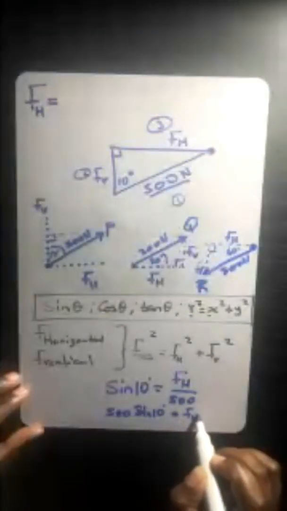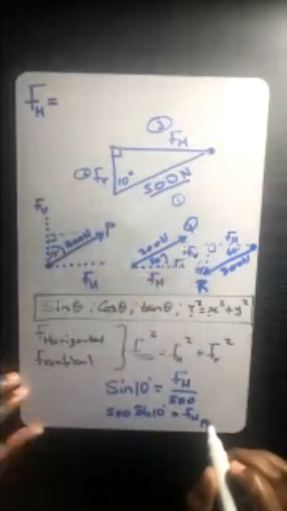This is force horizontal for that force of P. So that is why you are going to have positive 500 sine of 10 degrees. Then you say plus, because we are going to calculate all the horizontal forces. So that means we're going to have 3 of them.